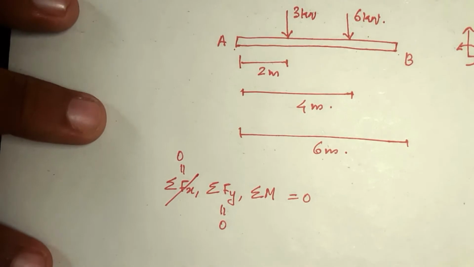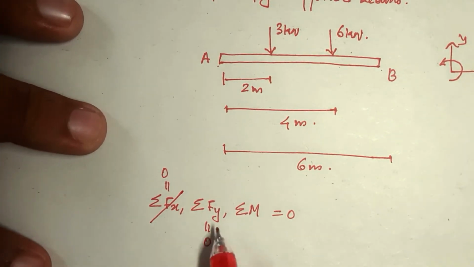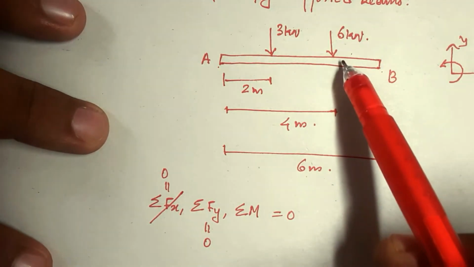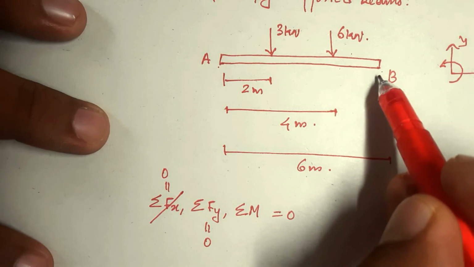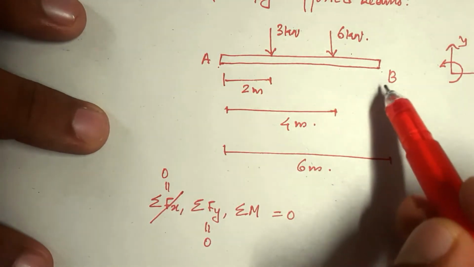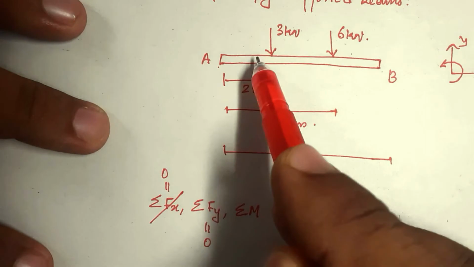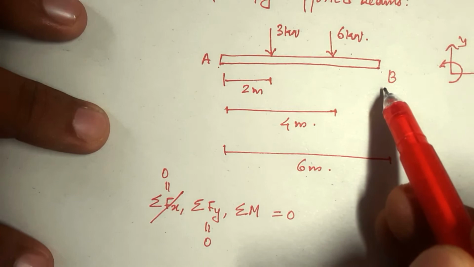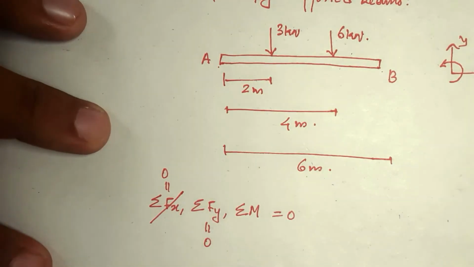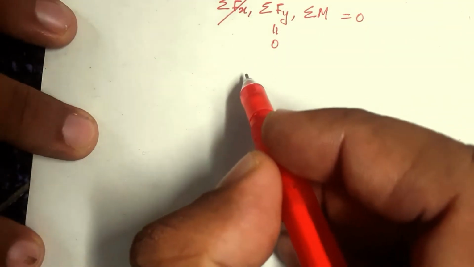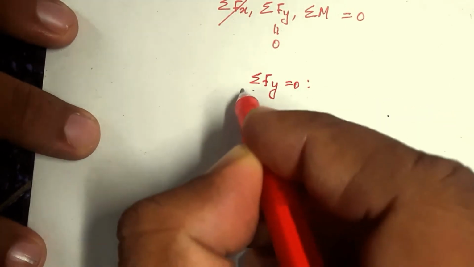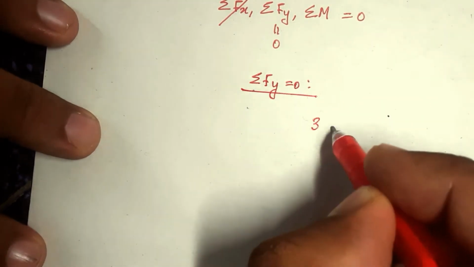Now let's write sigma Fy equal to 0. Sigma Fy equal to 0 means, if forces are acting in the downward direction, there will be something acting at A and B which will oppose this, right? So that summation of these forces will be nullified by the effect of A and B. So how can we write that? We will write in this problem sigma Fy equal to 0, 3 plus 6.